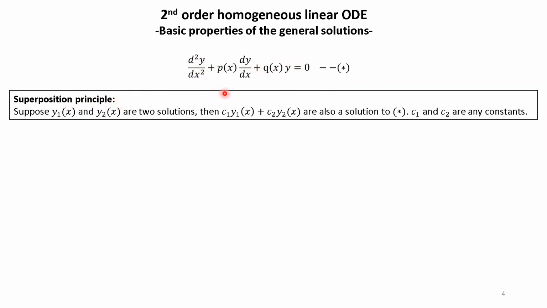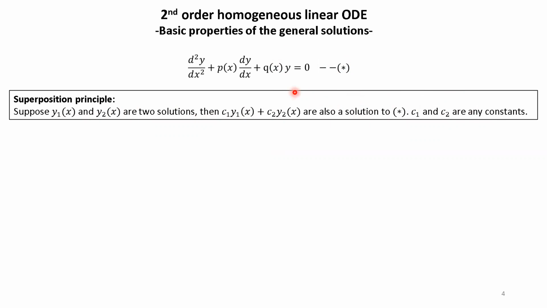Then c1 y1 plus c2 y2, also called the linear combination of y1 and y2, is also a solution to this problem. Here c1 and c2 are any constants. These two constants, in the end, will be determined by the initial conditions.